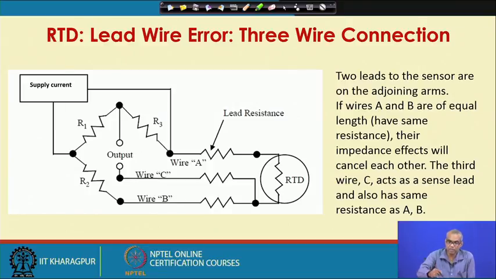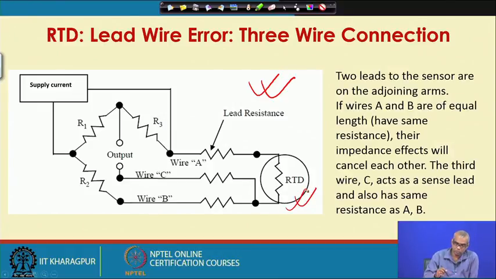So, if you look at the schematic, this is the RTD element connected to the Wheatstone bridge using wire A and wire B. Now, these two leads to the sensor are on the adjoining arms.